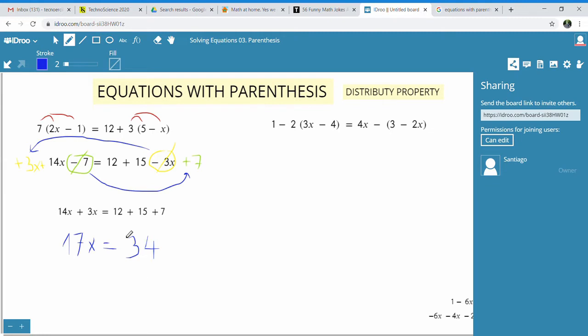And now it's the moment to isolate the variable. We divide both sides of the equation by 17. When you divide this by 17, you get x.